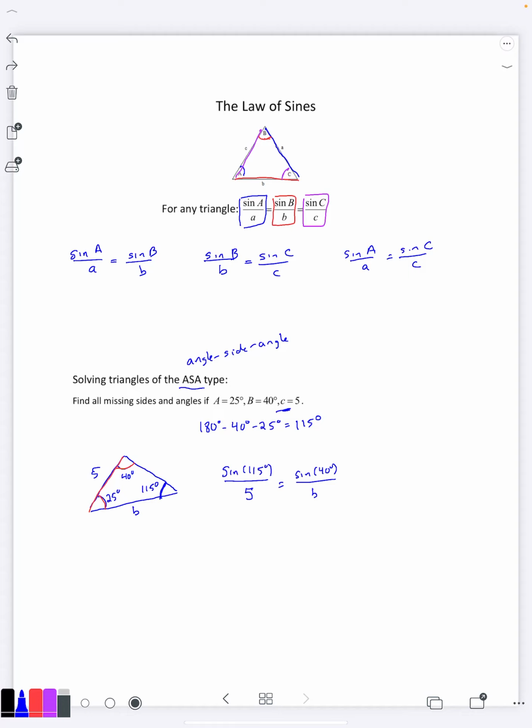We can go ahead and cross multiply. B times sine of 115 degrees is 5 times sine of 40 degrees. And if we solve for b here, 5 sine of 40 divided by sine of 115. And these are all going to work out to be approximate answers on these problems because they're not going to have the nice angles.